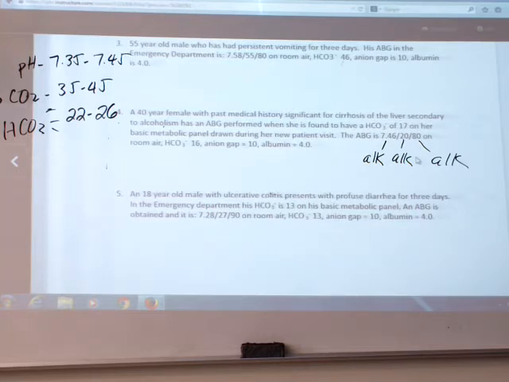If the bicarbonate is high, it's alkalosis, and if the CO2 is low, it's alkalosis. So if they match in all three of them, then it's always combined. You can write combined metabolic and respiratory alkalosis.